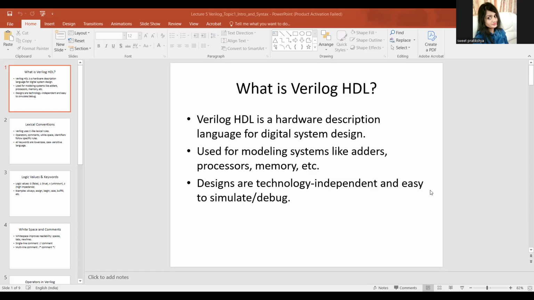So, what is the full form of Verilog HDL? HDL means Hardware Description Language. How can we describe the hardware components which are used in designing the digital system? Verilog HDL refers to a hardware description language which is used to model and design digital circuits like processors, ALU, that is arithmetic logical unit, flip-flops, and memory systems.